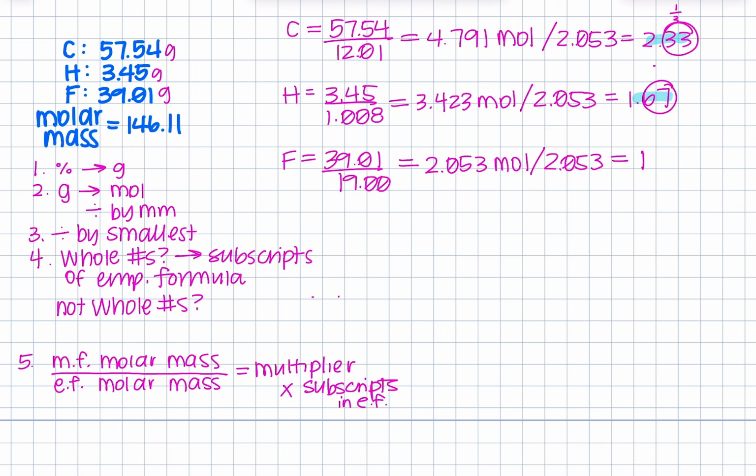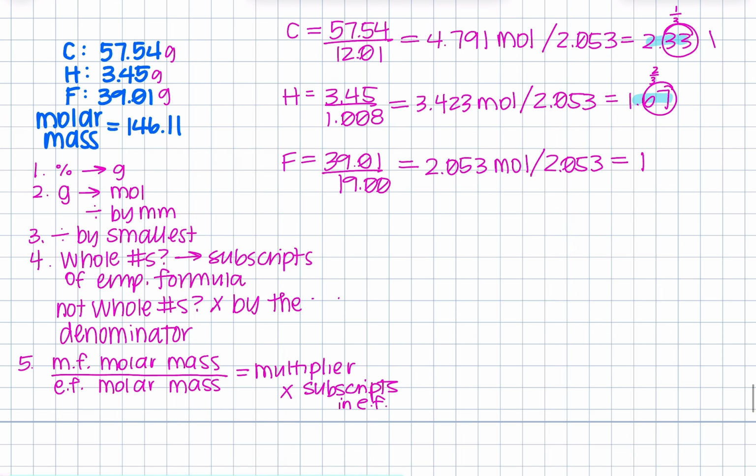Once we figure out what the fraction is, we're going to multiply them all by the denominator of that fraction. Because these are both thirds, we're going to multiply every number by 3. So times 3, times 3, and times 3.